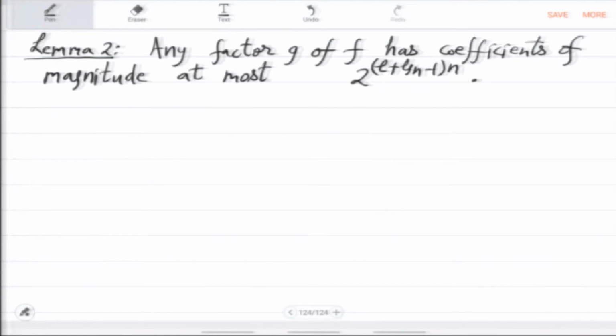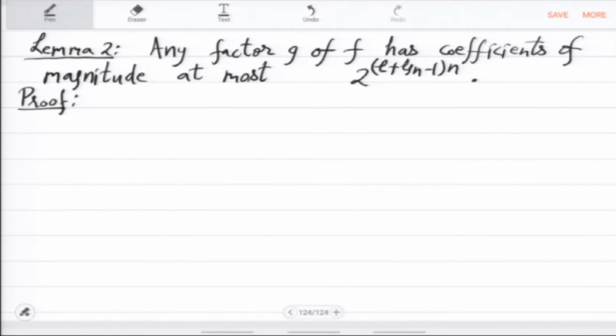This is 2 raised to L and then another power of n. It's 2 raised to L times n. It's slightly more, but remember that this is the magnitude. So the bit size is only L n, right. So in terms of the input size, the bit size is pretty small. So factors cannot be too large. That is the bottom line of this statement.